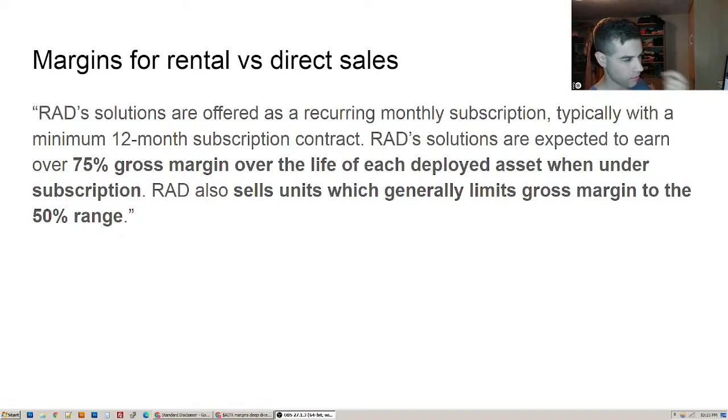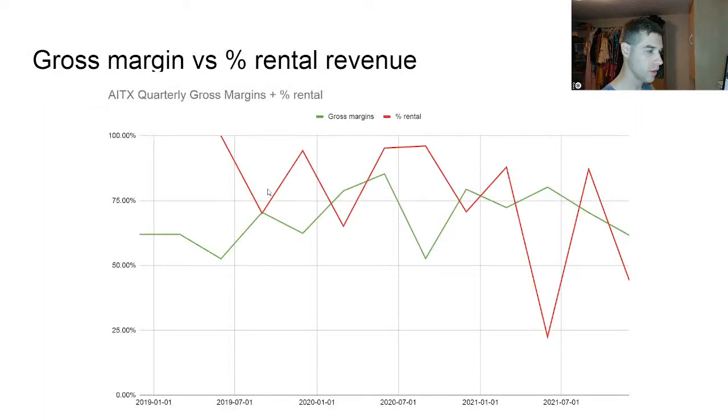And so we take this and we say, hey, if they do a direct sale, figure 50% of the revenue is represented by cost of goods sold. But if they're rental, we should expect something closer to 75% margin, at least on average over the life of the asset.